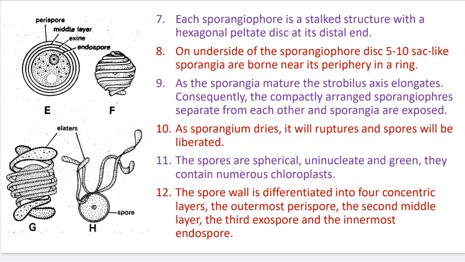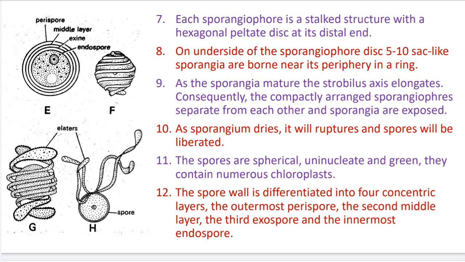Number 11. The spores are spherical, uninucleate and green. They have a single nucleus, and they contain numerous chloroplasts, so they are typically green. Number 12. The spore wall is differentiated into 4 concentric layers.